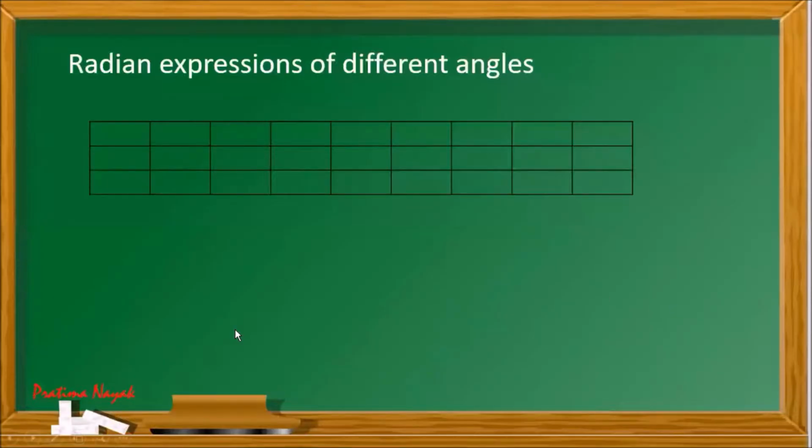So in this class 11, you have to express the angle in radians. For it, you know that pi radian is equal to 180 degrees, or 180 degrees is equal to pi radian.